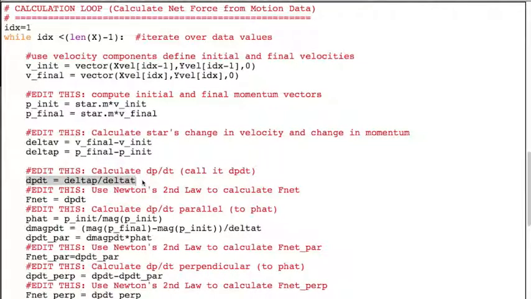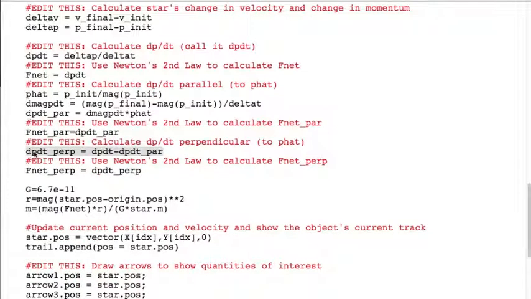To find the parallel component, we simply multiply the magnitude of dp dt by the direction of the star at that given time, which can be represented by this line. Since we do not know the value of the radius of the circle along which the star is traveling, we must evaluate the perpendicular component of momentum by subtracting the parallel component from dp dt, which is represented by this line of code.